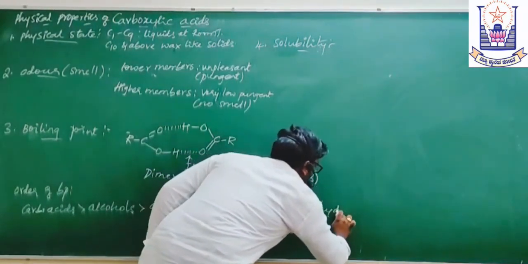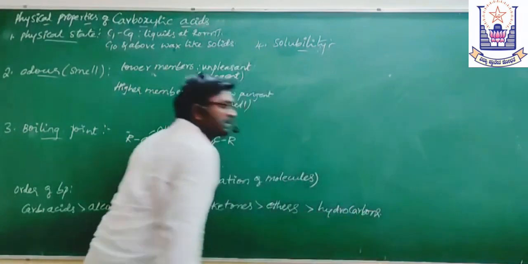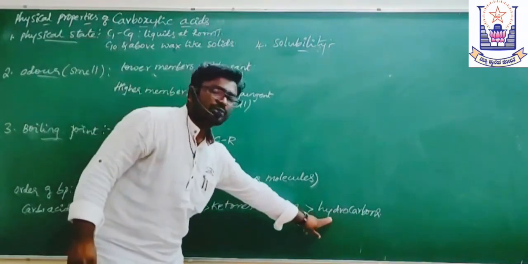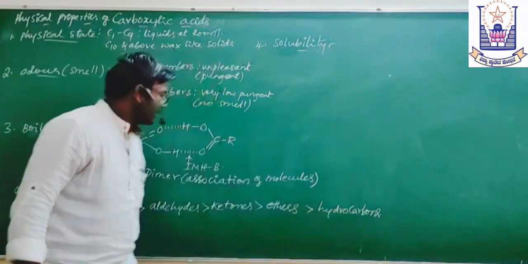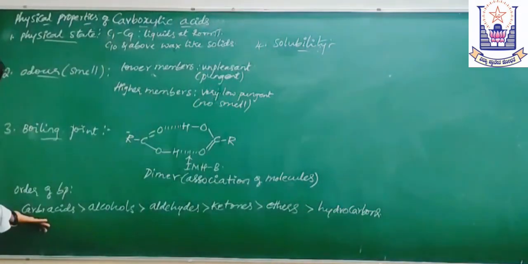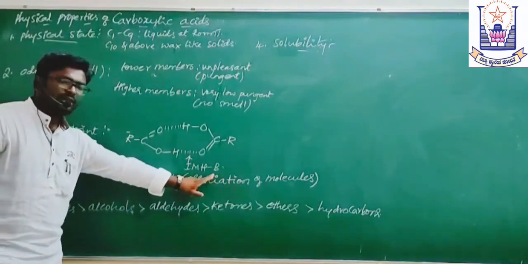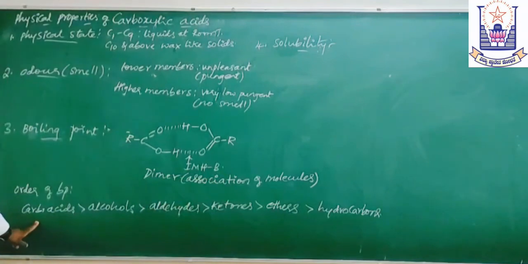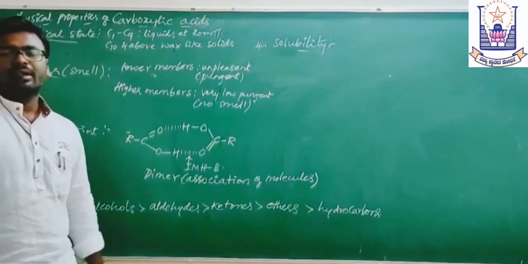Then hydrocarbons. Here, the force of attraction in hydrocarbon is less, so therefore it will have low BP. The force of attraction is high in carboxylic acid due to association of the molecules and intermolecular hydrogen bonding, so it will have high BP. Okay, this is the correct order of the boiling points.